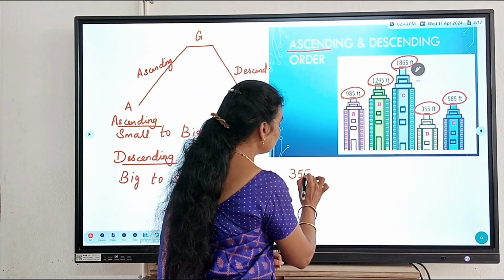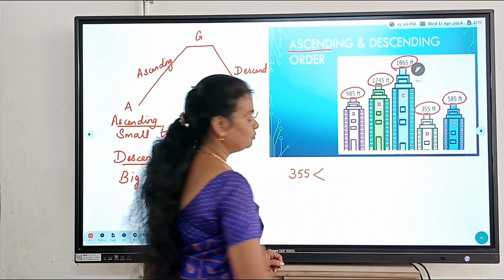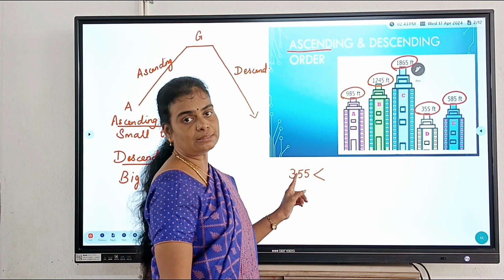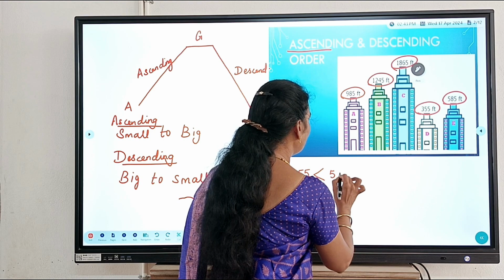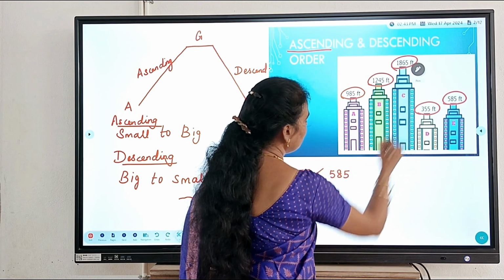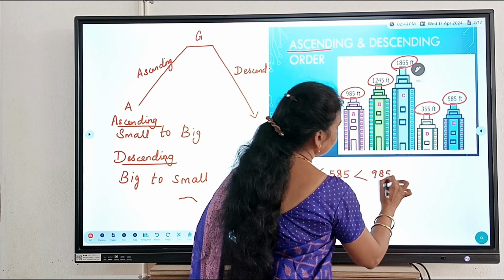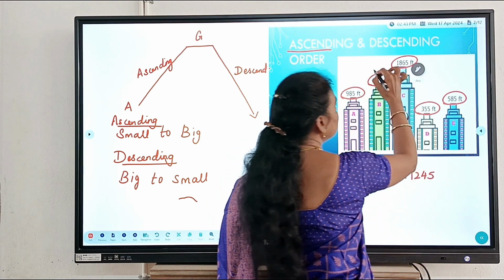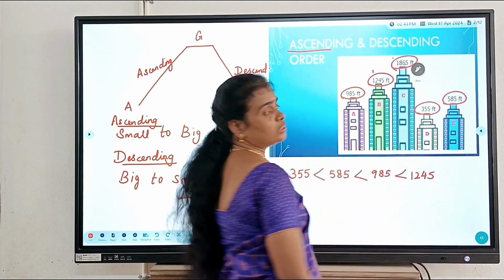So the first number will be 355 and you will write this sign. Because this is smaller, the wider mouth should not face this number. And the next number is 585. And the next one is 985. The next one is 1245. Here in these two cases you have 4 digits and here too 4 digits.